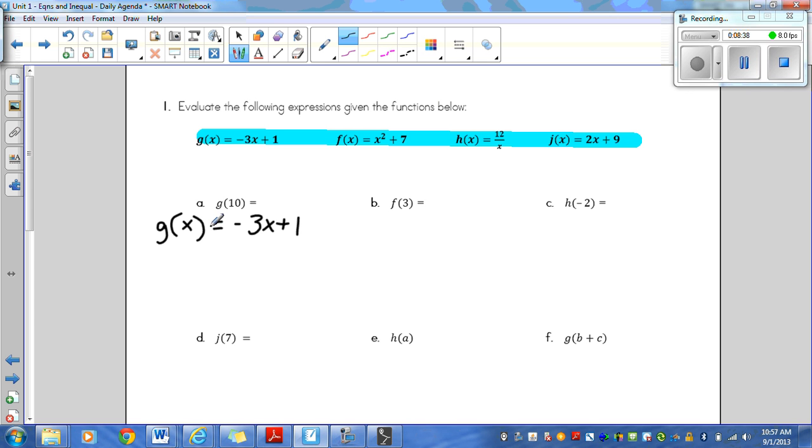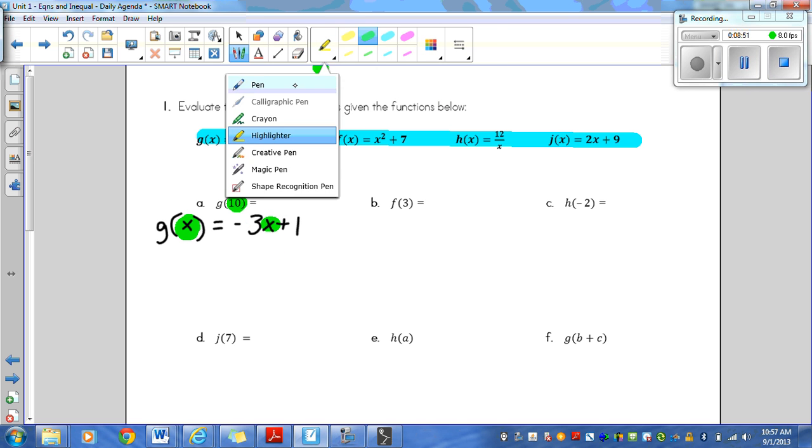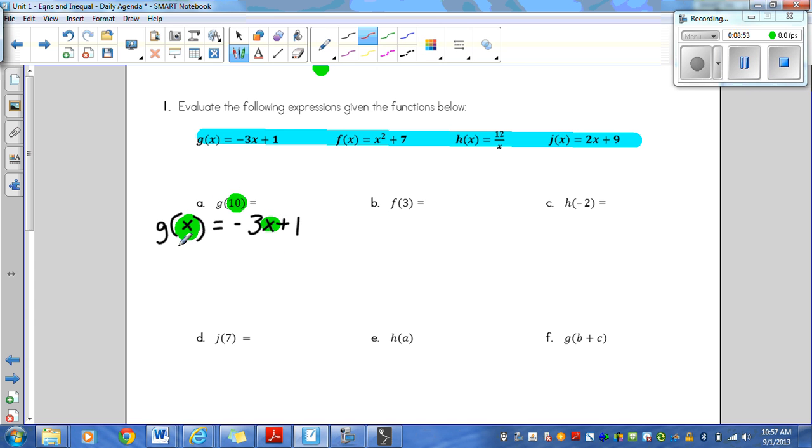And so they don't want g of x, they want g of 10. So what I'm going to do is think about, okay, this 10 is going in place of this x. So everywhere I see an x, I'm going to put a 10. And so this is how you evaluate functions using function notation. You plug in the value that they give you.